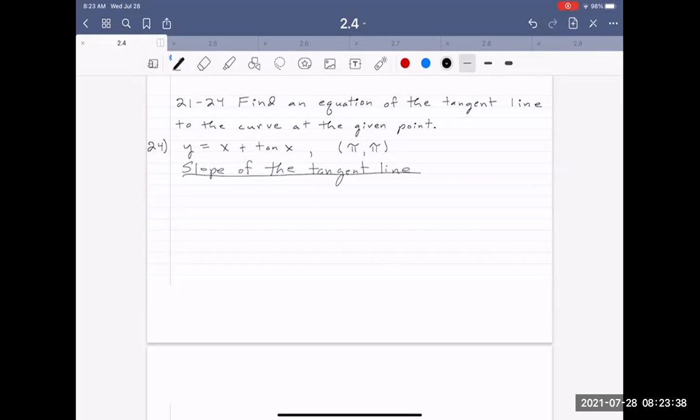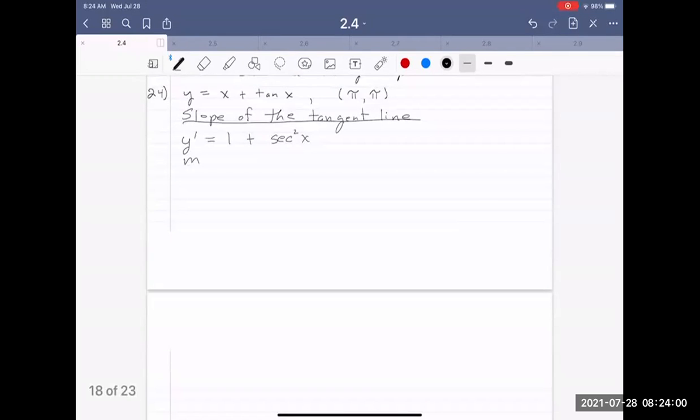So let's take the derivative. The derivative of x is 1. The derivative of tangent x is secant squared x. And so the slope will equal the derivative evaluated at pi, this pi here.